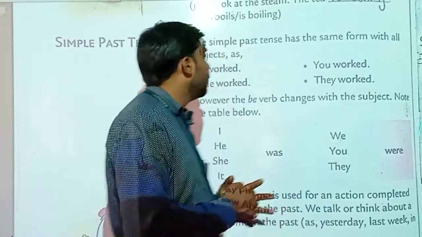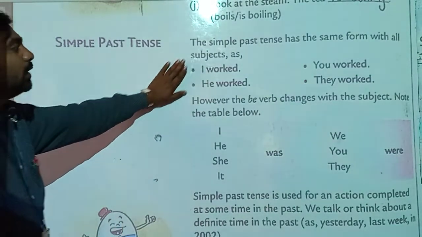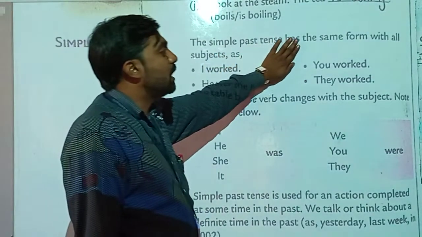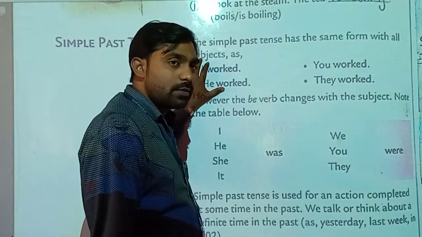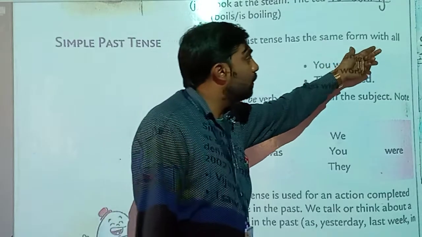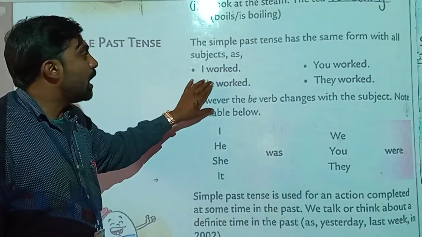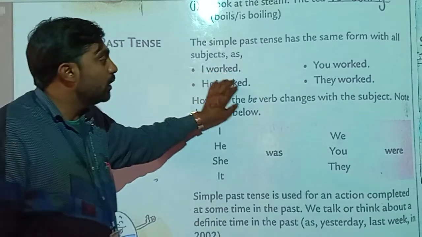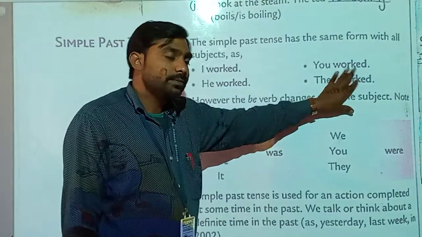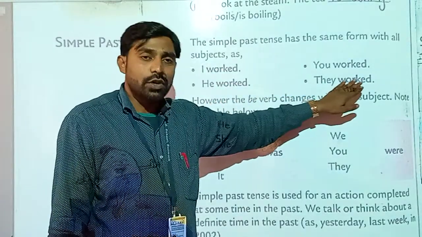So students, just see here once again. The simple past tense has the same form with all subjects. Same form of verb with all subjects. Now example. I worked. You worked. He worked. And they worked.